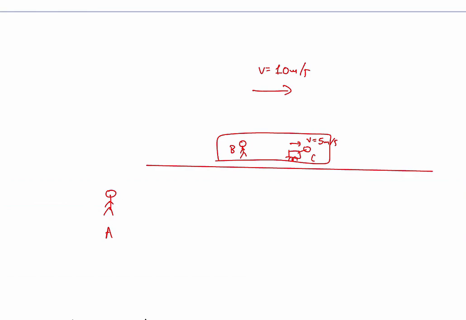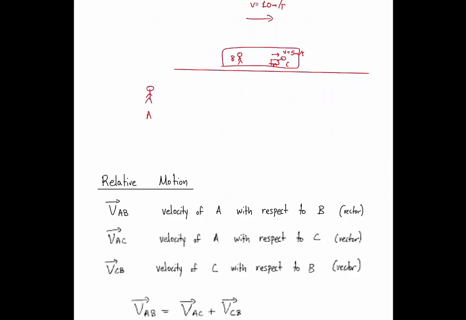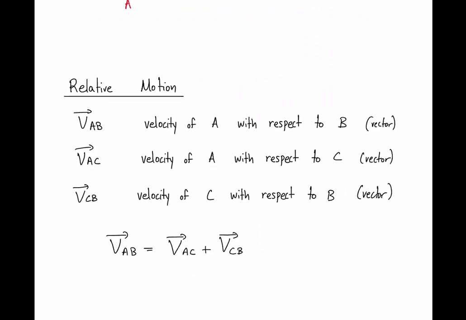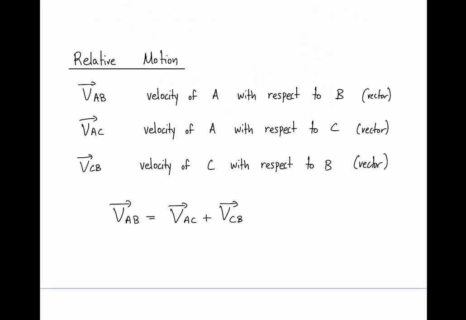Now, the law, the equation that governs what observer A measures, what observer B measures, or what the cat measures, is the following. The speed of object A with respect to B is equal to velocity AB.